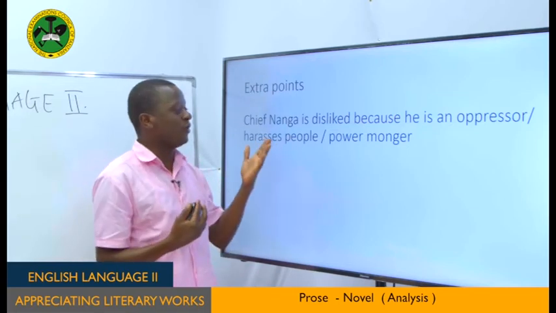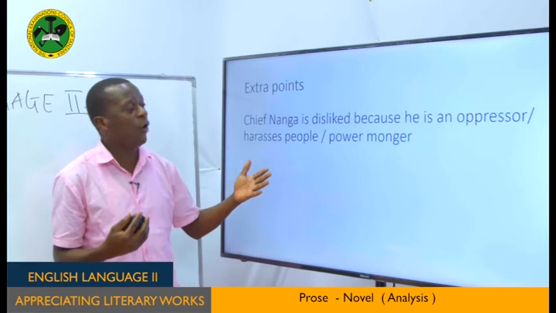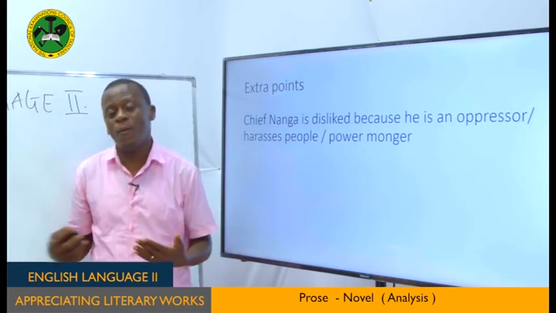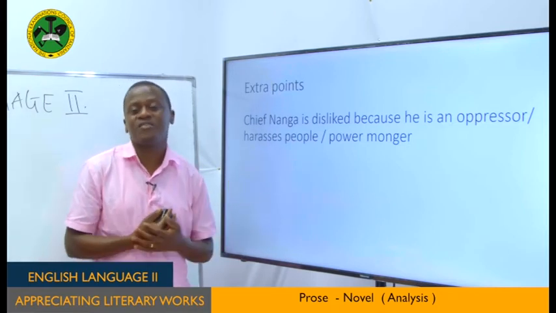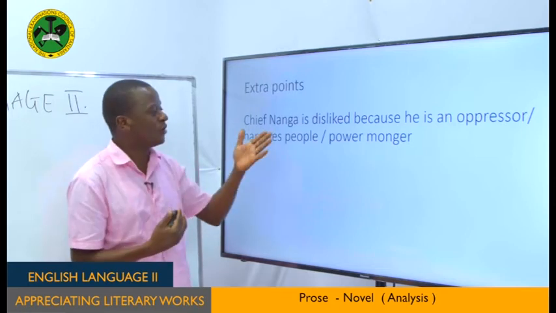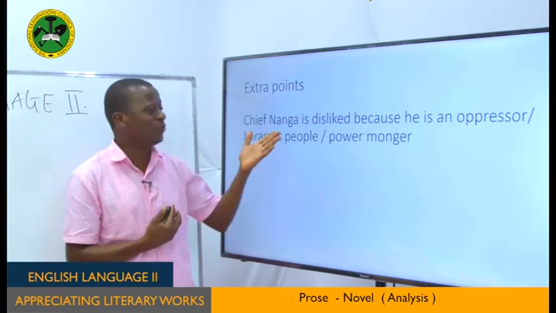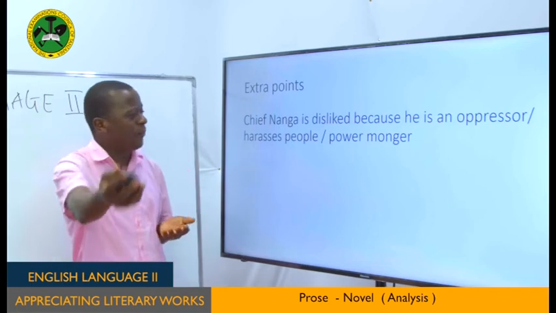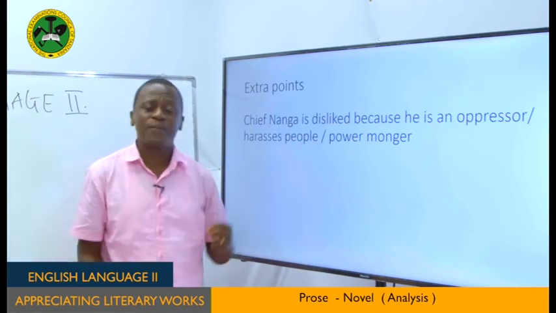Now, if a person allows his bodyguards or his guards to beat other people, that is injustice. That is contrary to the rule of law. But Nanga is doing that. You can add another point of saying power monger.